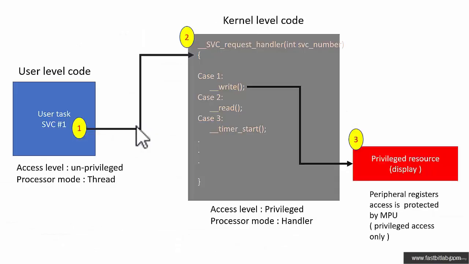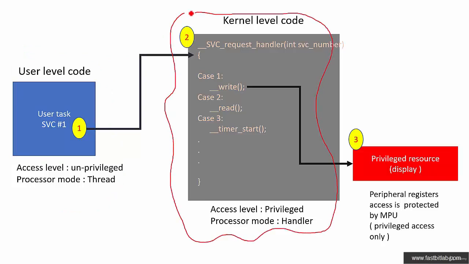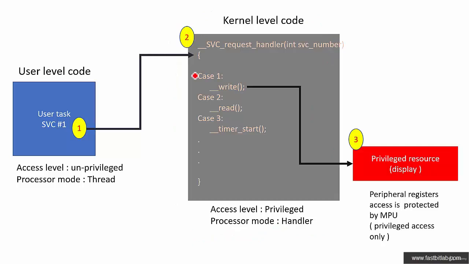Let's consider this scenario. This is an application which has two parts. The first part is the user level code or user task. And this application also has another part, that is kernel level code. So this is a case of an embedded OS application, let's say.